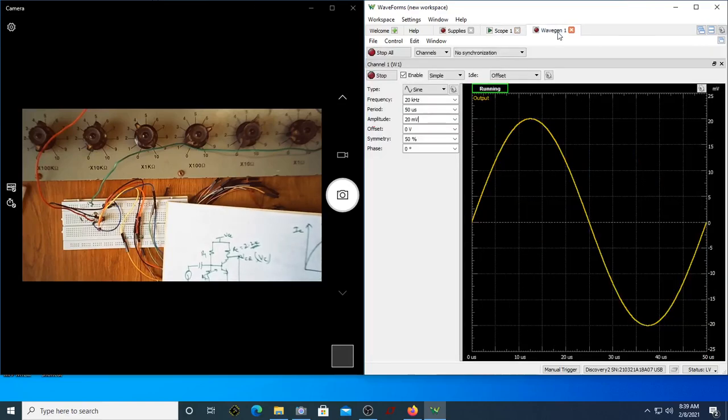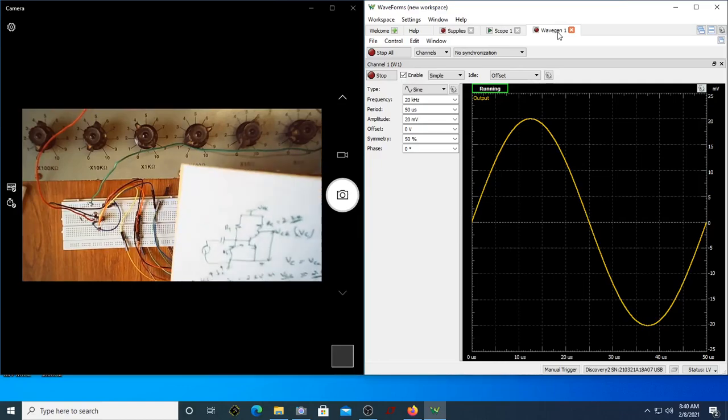Let me check the frequency. Okay, now the frequency is 20 kilohertz. The V in applied through the wavegen is 20 millivolt peak, so V in peak to peak will be 40 millivolt.